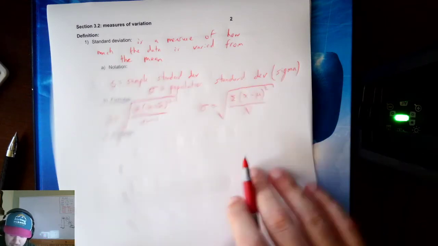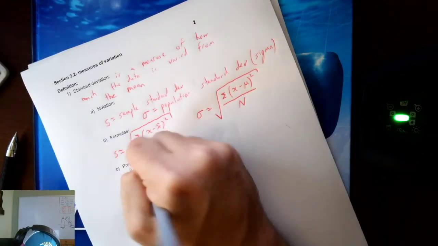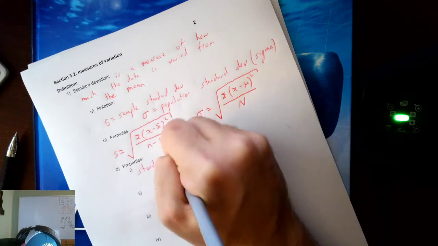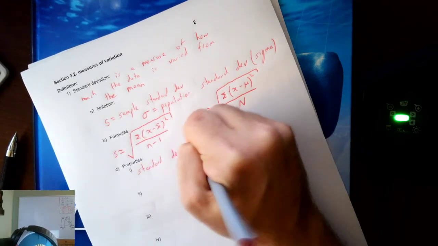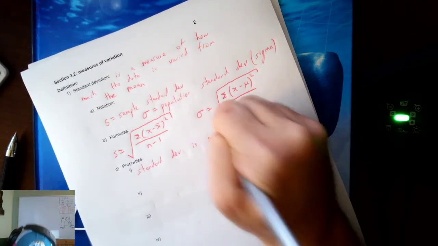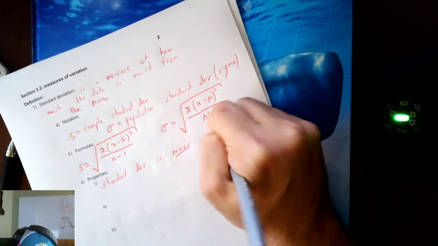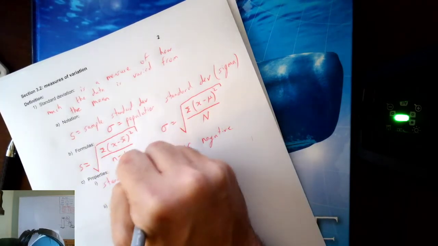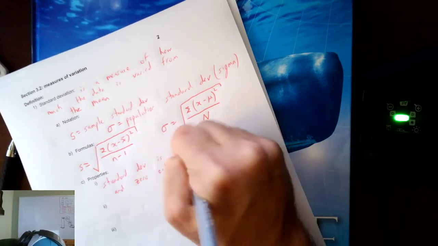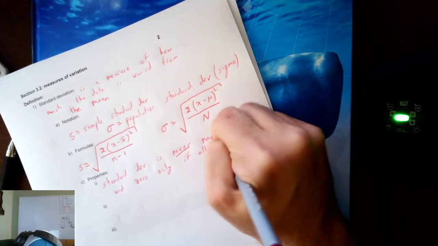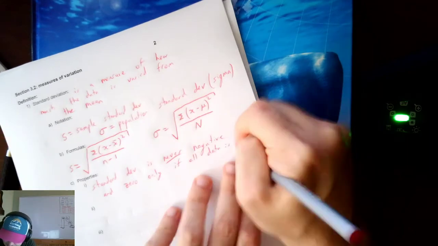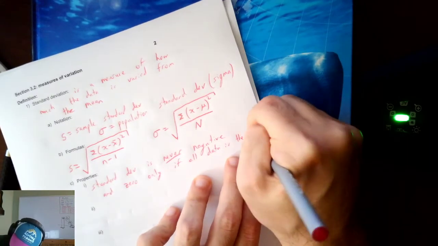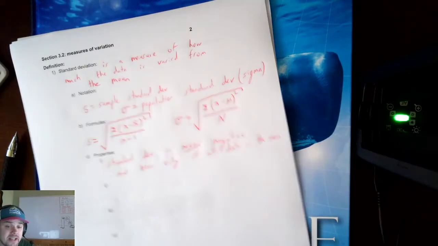The first property is that standard deviation is never negative, and it is 0 only if all data is the same. So it's almost always a positive number.